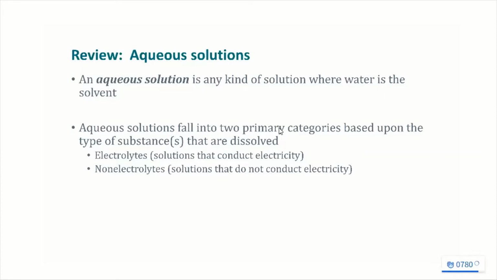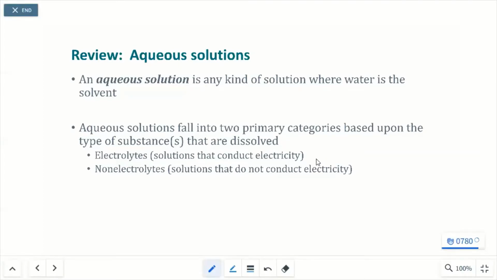So for electrolyte solutions, what we will see is the presence of ions in the solution. And as a result of the ions being present in those solutions, they will conduct electricity.